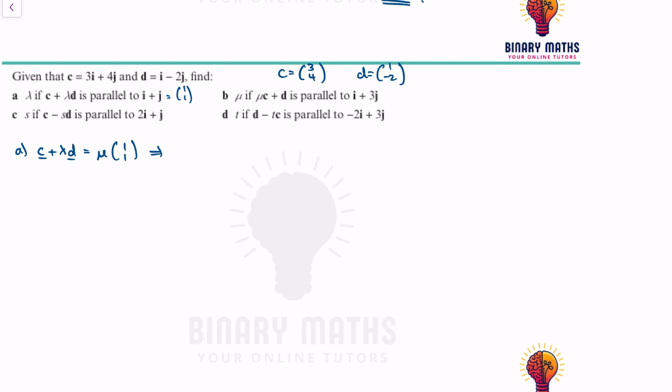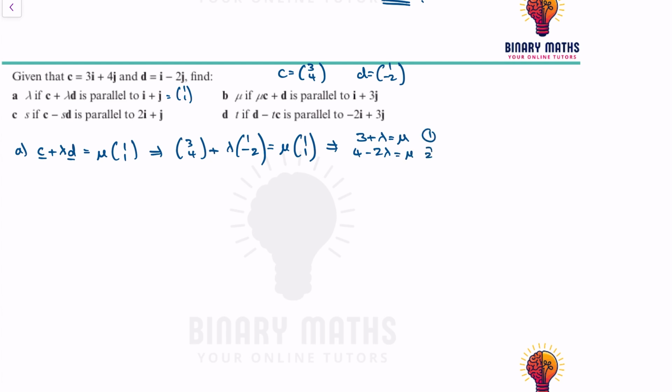So I end up with the equation, I get (3, 4) plus lambda times (1, minus 2) is equal to mu times (1, 1). Which means I get 3 plus lambda is equal to mu, and 4 minus 2 lambda is equal to mu.